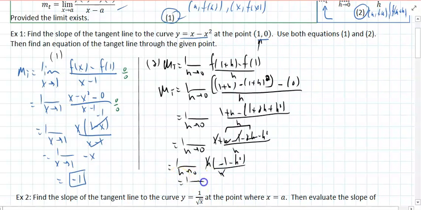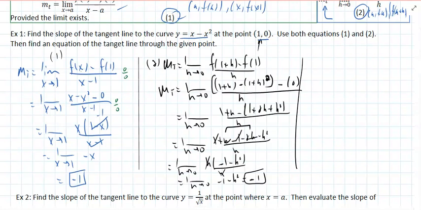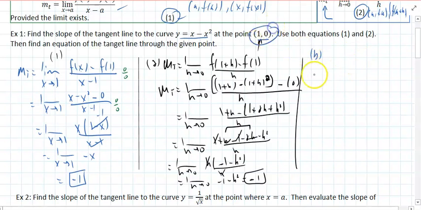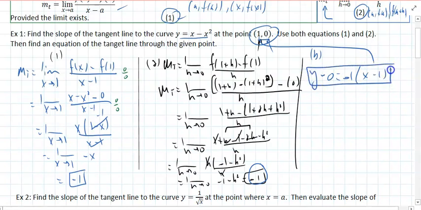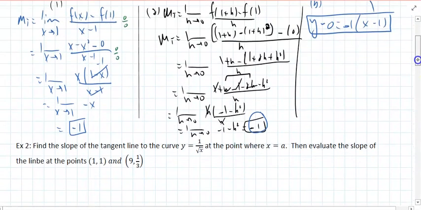And we'll notice that's the limit as h approaches 0 of negative 1 minus h. If you put h equals 0 you get a negative 1. So that's part A. The second part, find an equation of the line, call it B. Well, y minus y1 equals m times x minus x1. There it is, done deal.